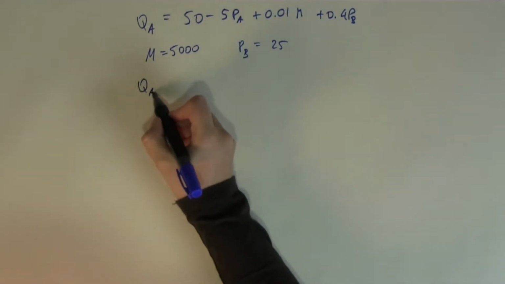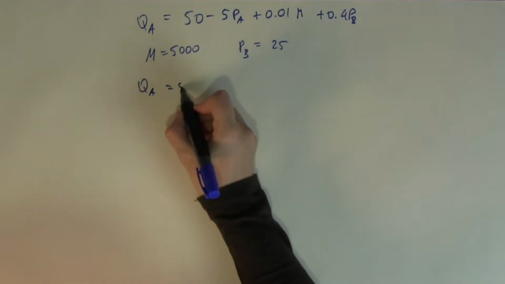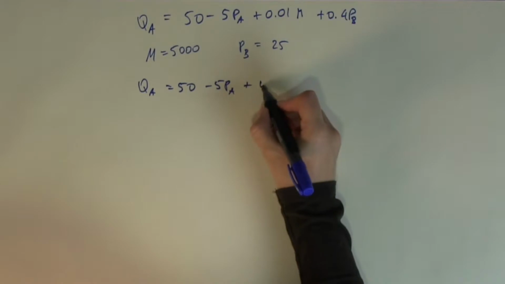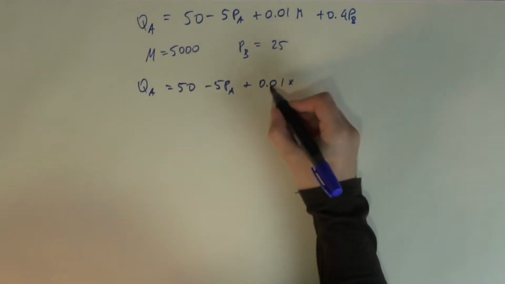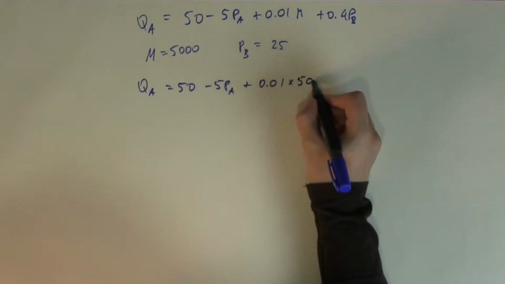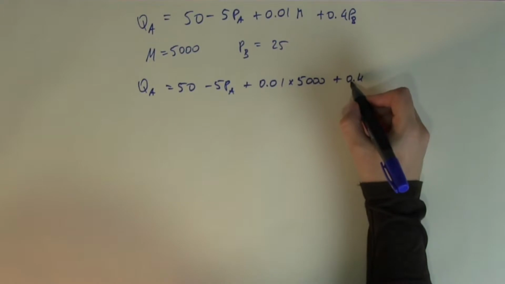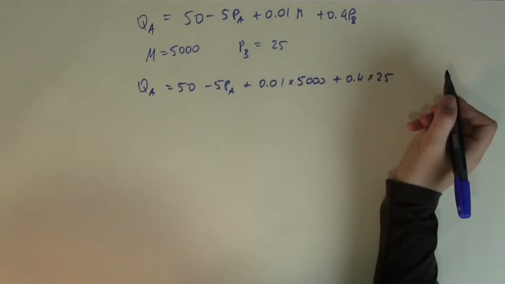So first of all, let's substitute the numbers back into the formula. Now M is equal to 5,000, so I need to multiply the 0.01 by 5,000. Plus PB is equal to 25, so I need to multiply the 0.4 by 25.